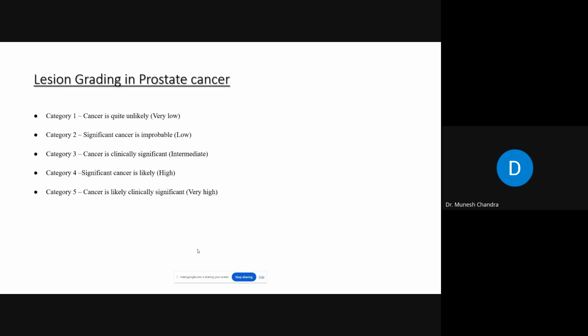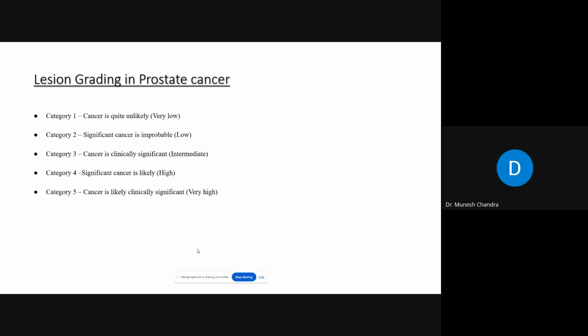But if it is in 3 and above, then we need immediate attention, immediate health support is required. So from category 3 onwards, we have to bother and take immediate action.